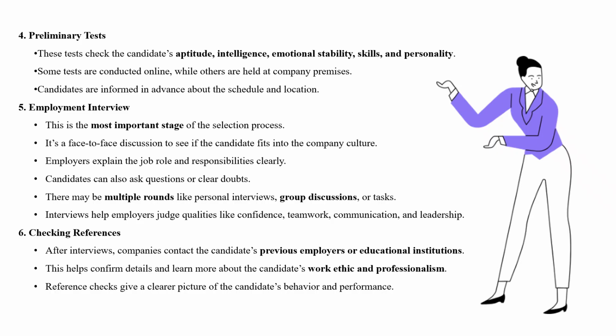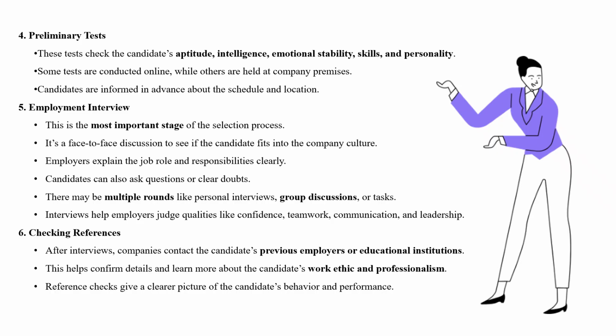So next step, that is sixth step, is checking the references. Before making a final decision, the company verifies the information provided by the candidate. HR may contact previous employers, college or university, or professional references.